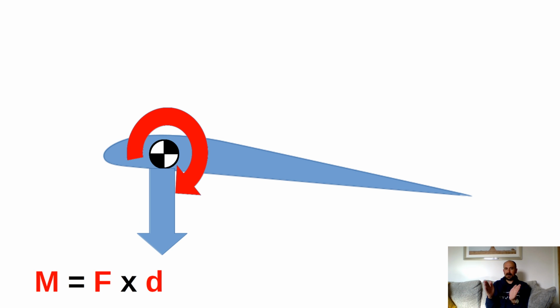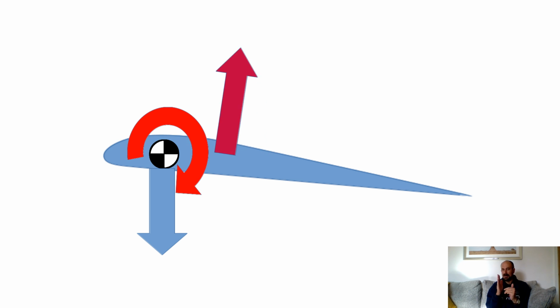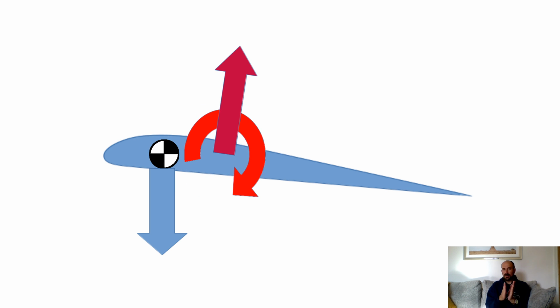That means that by definition the distance is zero, so the moment that the weight is creating is zero, which is useful. You might also pick the centre of pressure as being the point for the same reason. Your force is the lift, but if you're acting through the centre of pressure, the distance is zero.